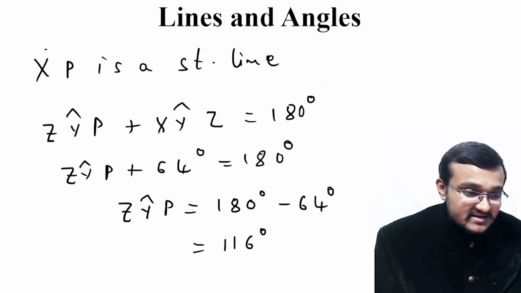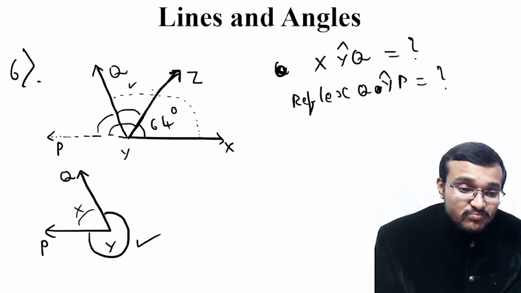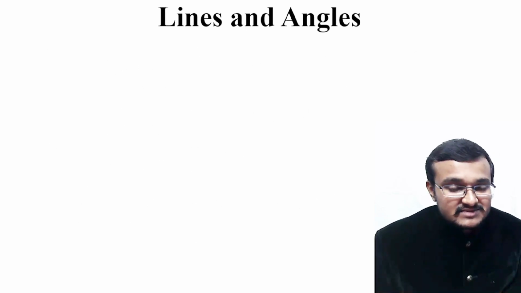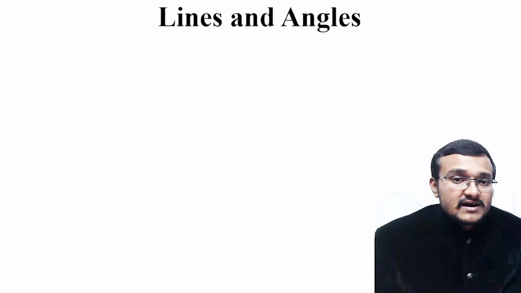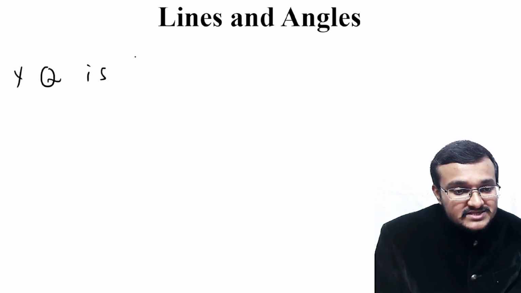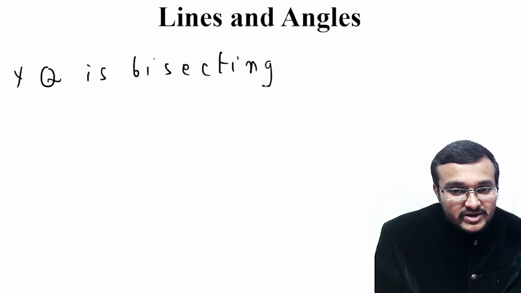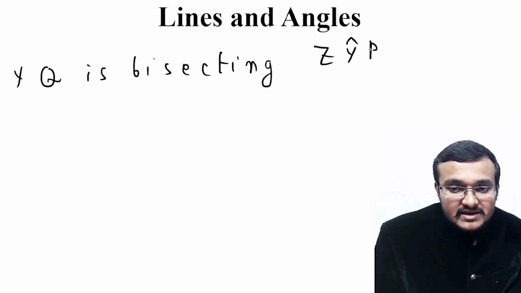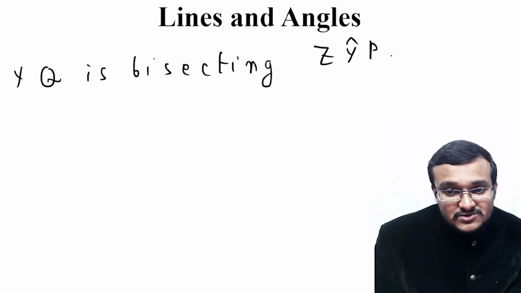And here YQ is bisecting this ZYP angle. Bisecting exactly means we are getting two different angles which are equal to each other. Here YQ is bisecting ZYP angle, and ZYP is equal to 116 degrees.